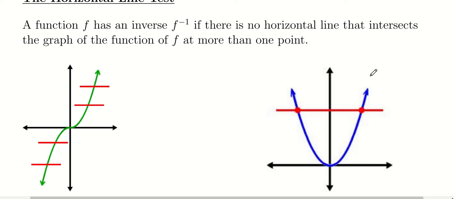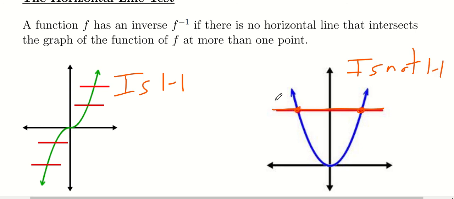However, for the function we just saw, x squared, there is at least one horizontal line that intersects the graph in more than one point, and because of that, this graph is not one-to-one, because it would fail the horizontal line test.